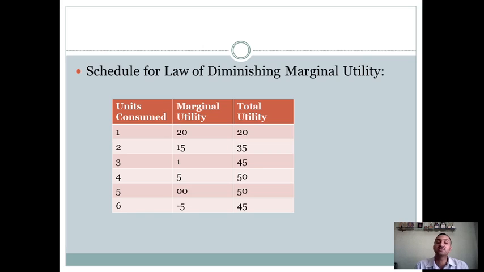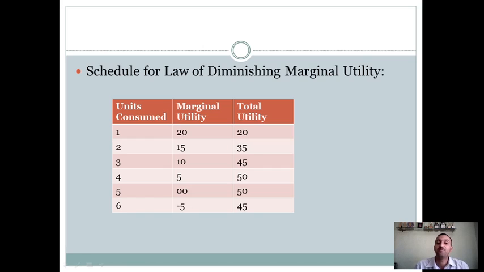Further, the person again consumed a second apple, or second unit. At that point of time, he got 15 as marginal utility, and the total utility was 35. Further, an additional unit was given immediately.